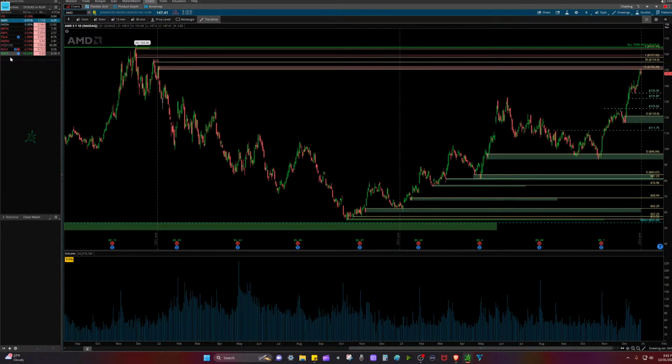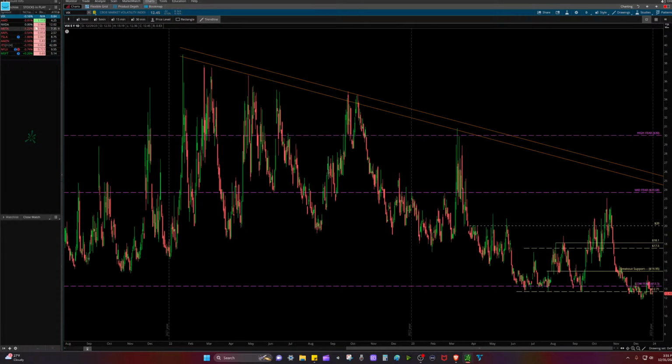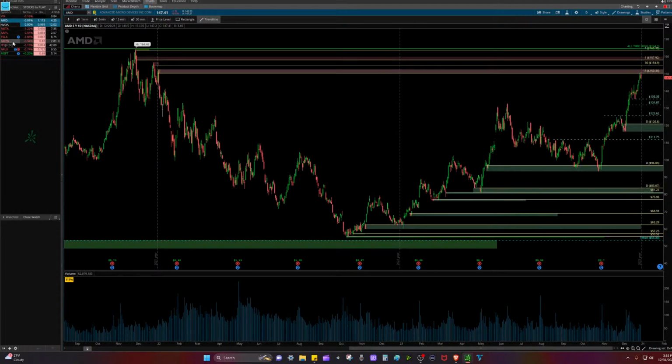So I watch only these stocks that you see here. Wait, my cursor is not working. Okay, so these are the stocks that I watch all the time, and if you notice, these are only a few stocks. 1 2 3 4 5 6 7 8 9, only 9 stocks.